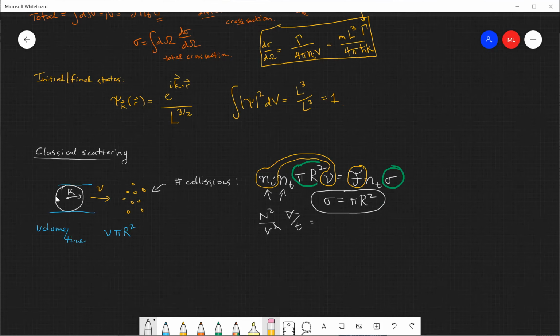So the classical cross section must just be the actual area of the incoming particle, because any target particle that encounters that area as it travels along will get scattered. So that's the intuition.